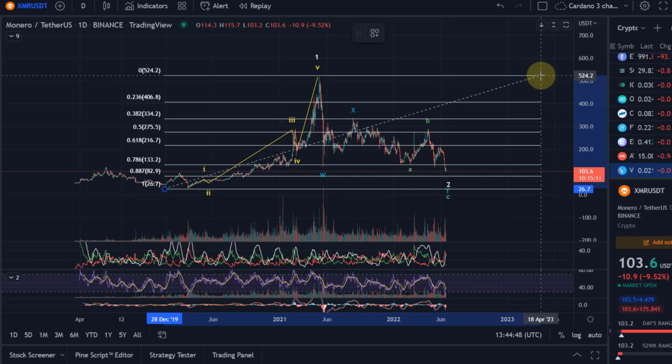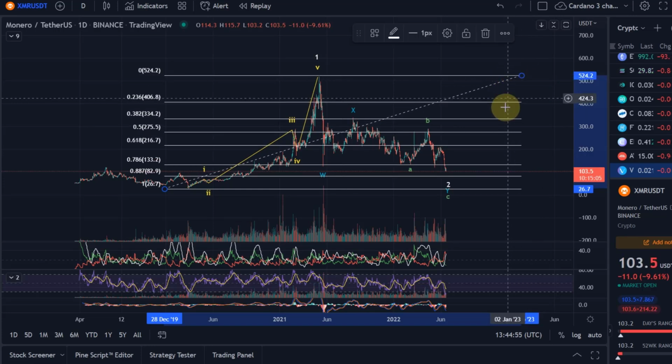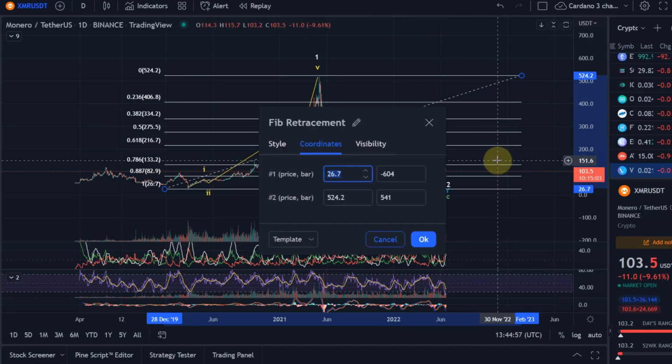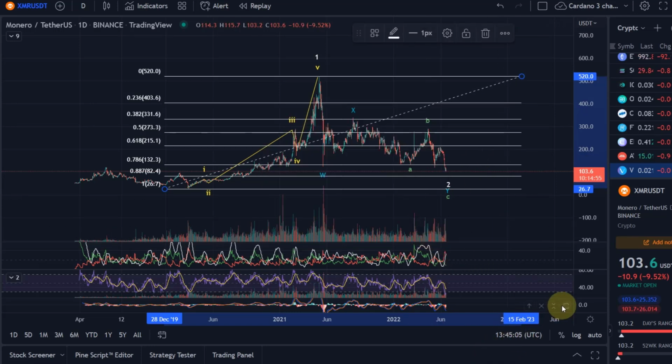To do that, we draw the Fibonacci retracement tool from the beginning of the wave 1 to the high of the wave 1, and let's just adjust that slightly to 520. It gives us an idea how far we are coming down. Again, you can see how relevant this current price area is for a wave 2.